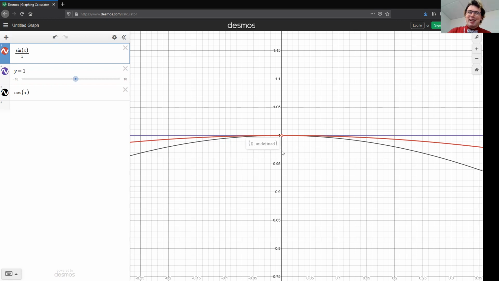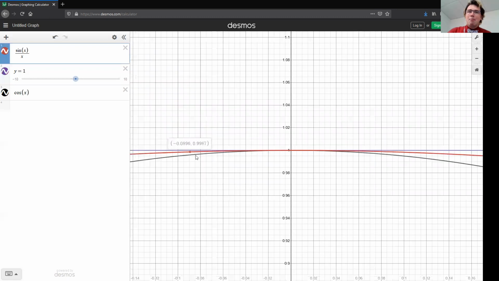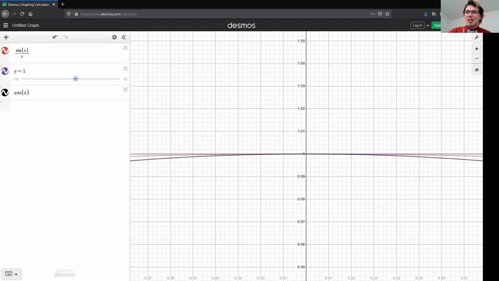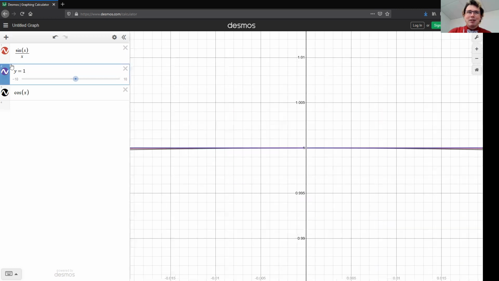So there's my hole in the function. Thank you, Desmos. My formula is undefined for x equals 0, but in the limit, as x approaches 0, my y-coordinate is approaching 1. And now they're so close together that Desmos can't even render the different colors.